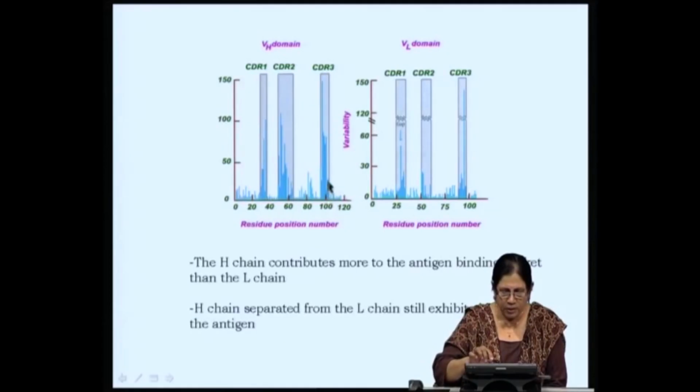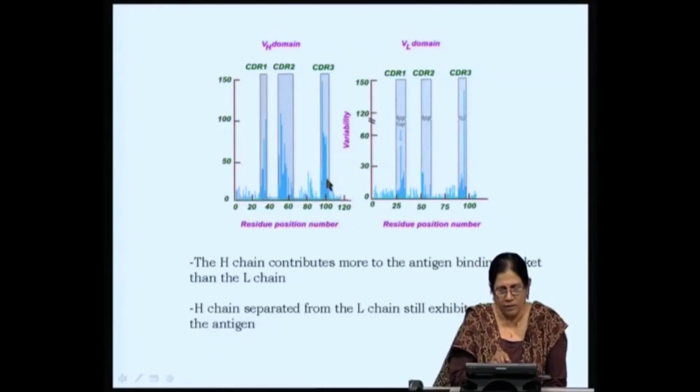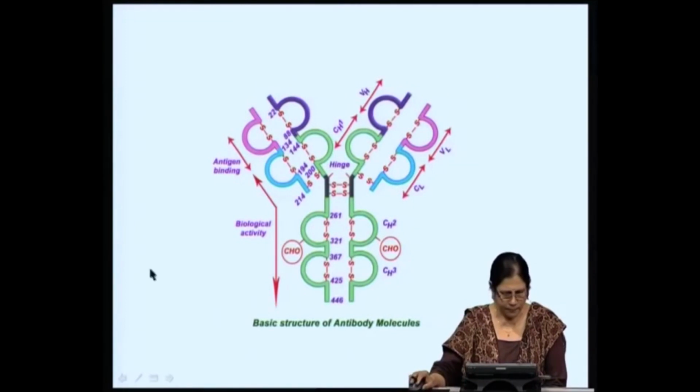In this particular case, where it is maximum, let us say at the 94th or 95th position, the amino acid varied almost more than 100%, which would mean that this would be the most variable region and residue, and definitely this would contribute tremendously to the antigen binding.